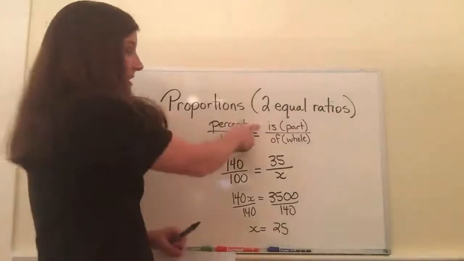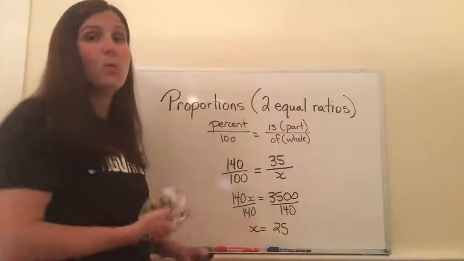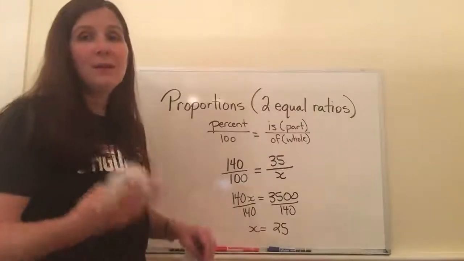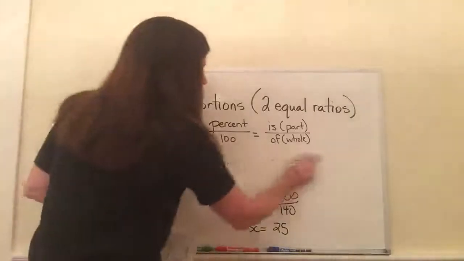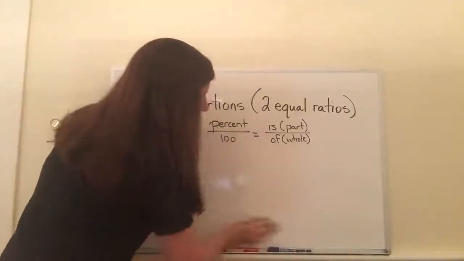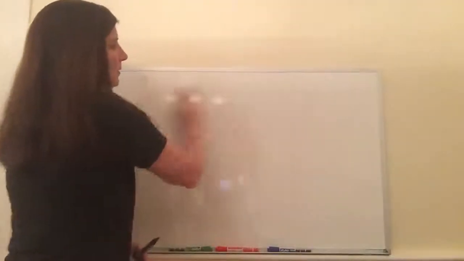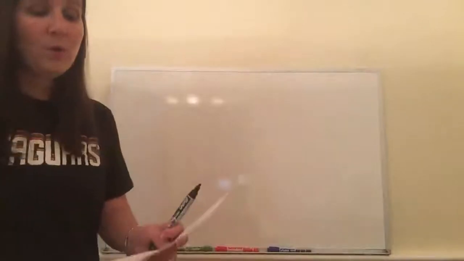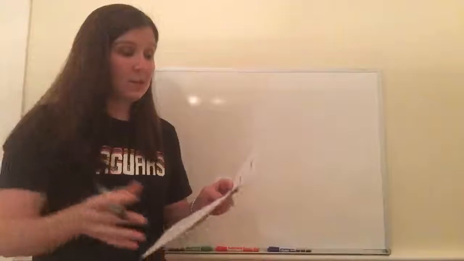If you're given the is and the of, you can figure out your percent. So this method works even if you're not positive which way you should do it. This other method is kind of a time-saving method. And if you can remember that this one works when you are finding the whole, it works much faster.